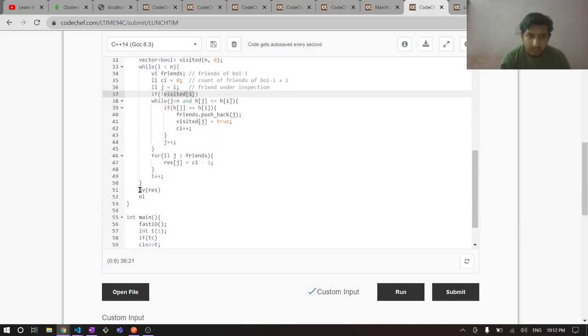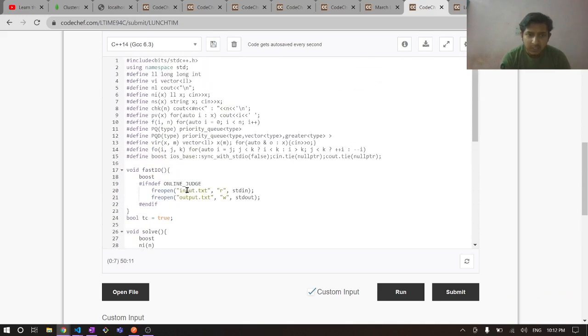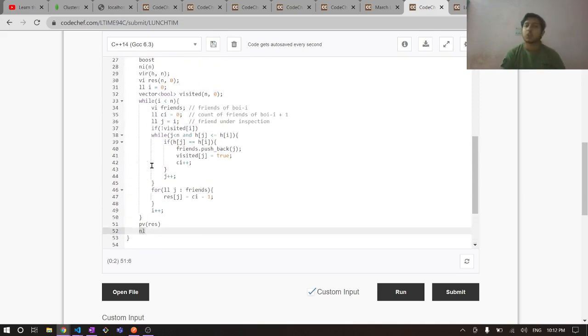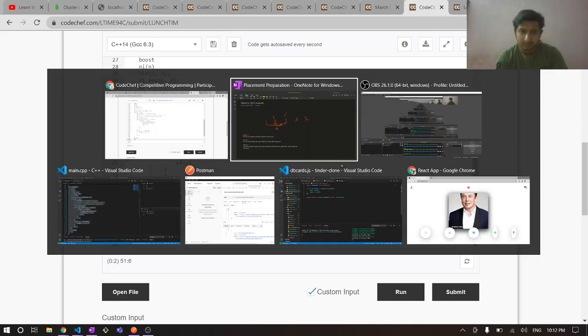Okay, then print the vector, so it just simply prints the vector, every element separated with space, and next line, so that the next answer can also be managed. So I hope this makes sense to you. I actually made it somehow fast, and I was actually very excited after the contest. So I hope this makes sense to you.